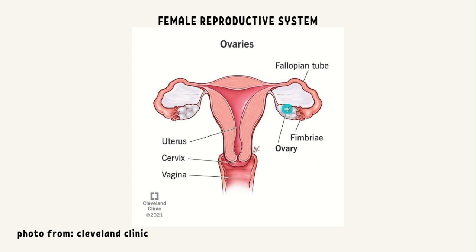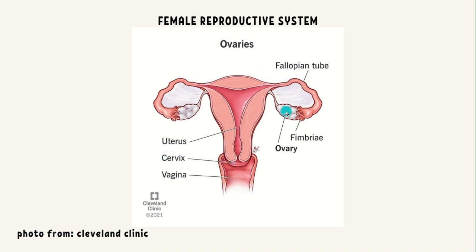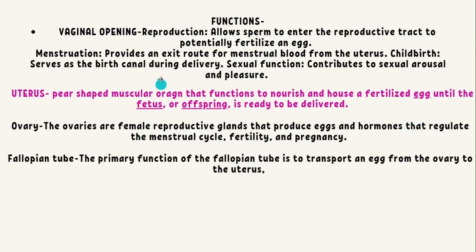This is the ovary, this is the fallopian tube, and this one right here you don't really have to know, but everything else, the vaginal opening, the cervix, the uterus, the fallopian tube, and the ovary, I would suggest you draw this, or at least have a mental representation of how it exactly looks. So anyways, let's go over the functions then.